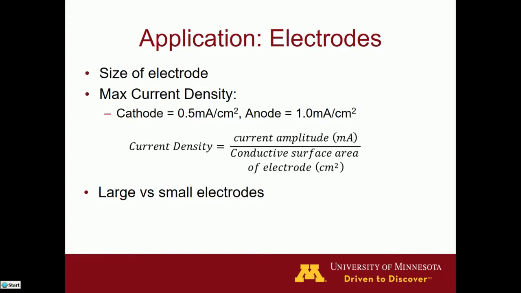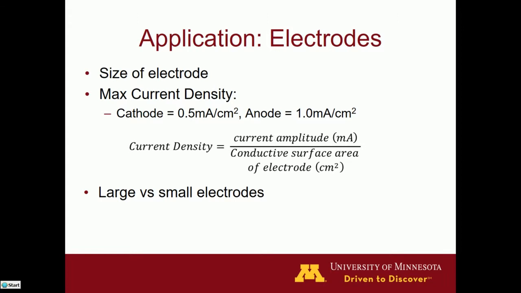You also need to decide on the electrodes that you're going to use. And the size of the electrode is important. And as you can see in this formula, the larger the surface area, the lower the current density, because current density is equal to the current intensity over the surface area. The lower the current density, the less likely there is to be tissue injury.